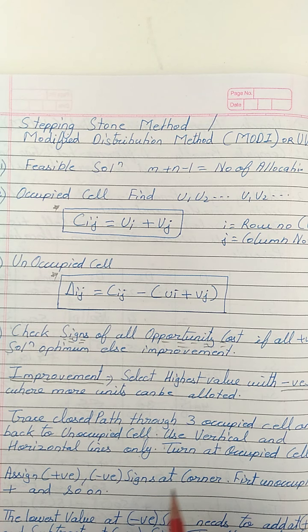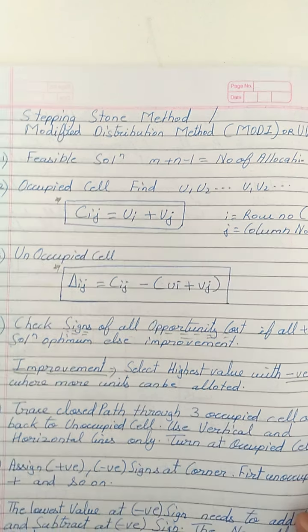Once you complete the closed path, assign signs like plus and minus, starting from the cell where we started the path. Alternately assign plus, then minus, plus, minus.